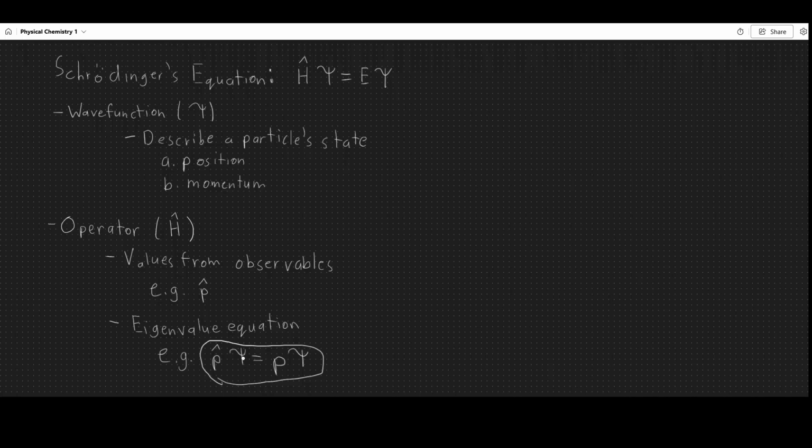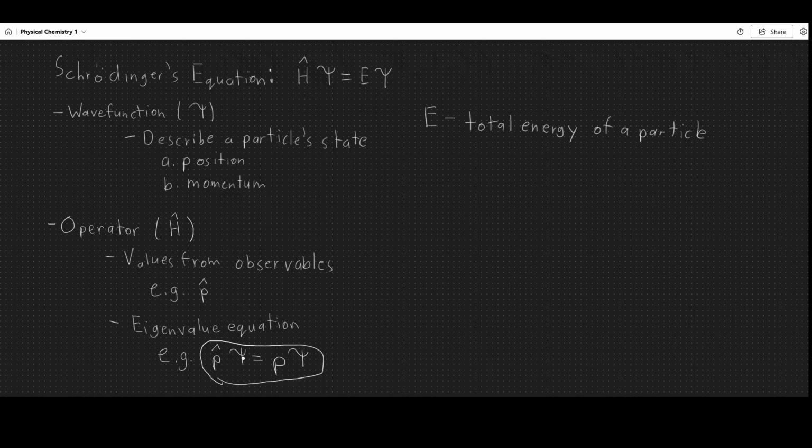And so you can imagine that this H hat is basically the operator for E. And what is E? Well, E is the total energy of that particle. And you might be asking, well, why isn't it E hat, right?